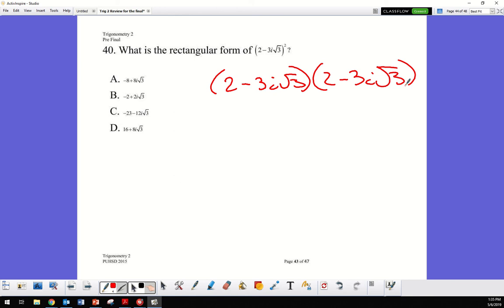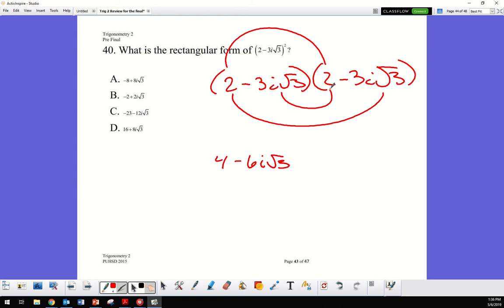First times first, 4. All the way across, negative 6i rad 3. Negative 6i rad 3. And last.